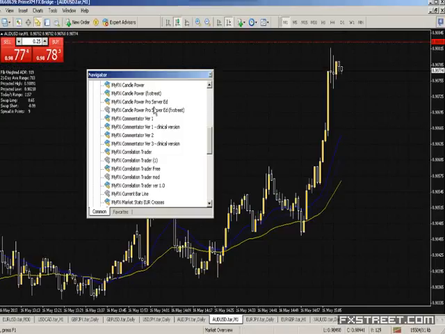As we've said, a straddle is basically having a buy and sell at the same time. Now, I'm not saying go open a buy trade and open a sell trade.